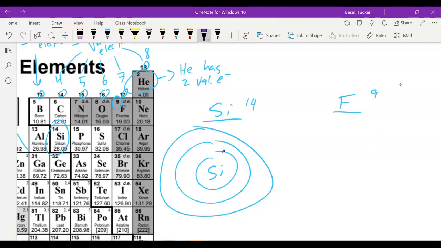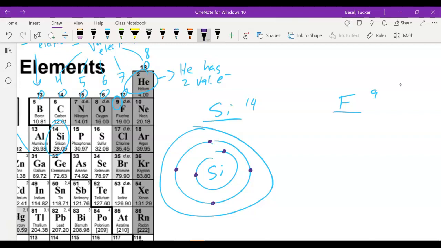So 2 in the first row, always. First energy level, that's 2, 3, 4, 5, 6 total.